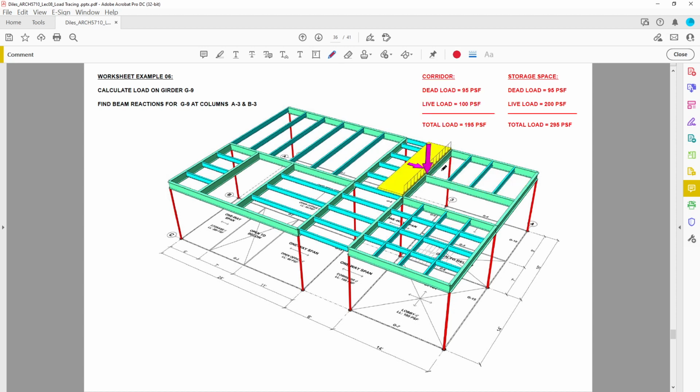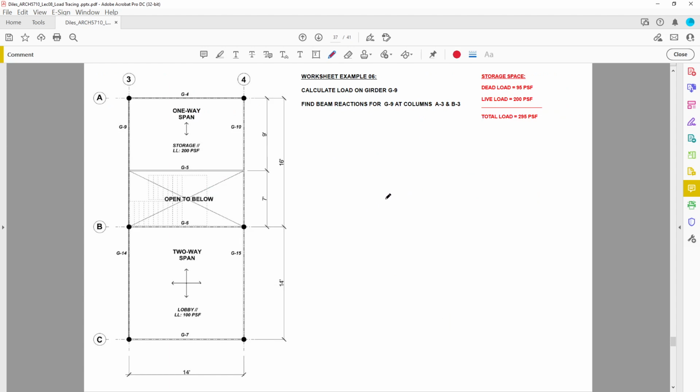So when we look at all of the loads on G9, we're going to have a continuous load coming from the corridor, and then we have a point load, right, which is coming from G5 here. So we need to figure this out. Let's look at this area. What we're interested in is G9, and B3 and A3.